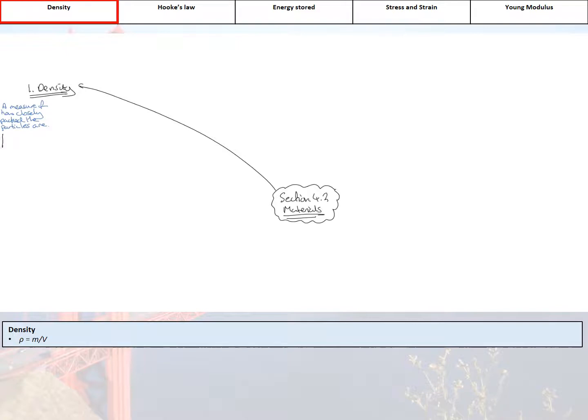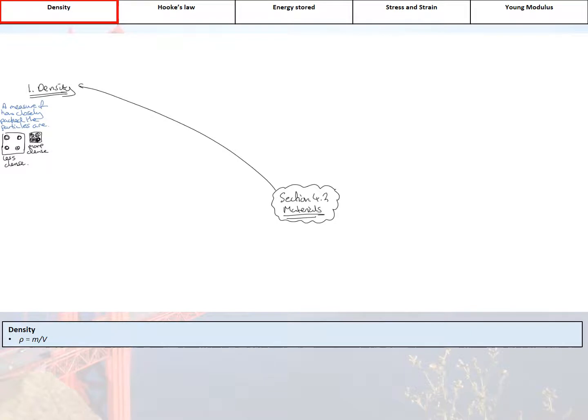So we could draw some diagrams. And then we could draw another one like this. So this is more dense because the particles are close together, and this one is less dense.